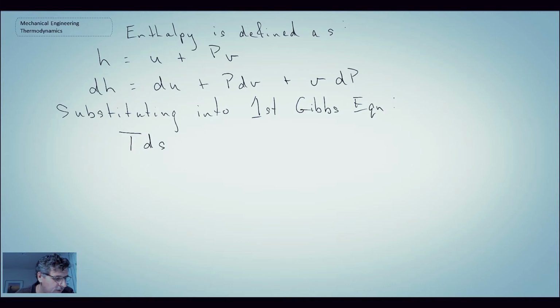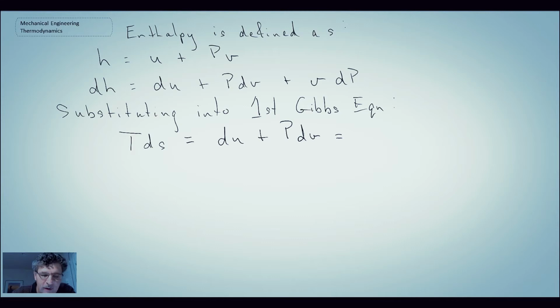So the TDS term remains the same. So that was Gibbs' first equation with the du and the pdv.